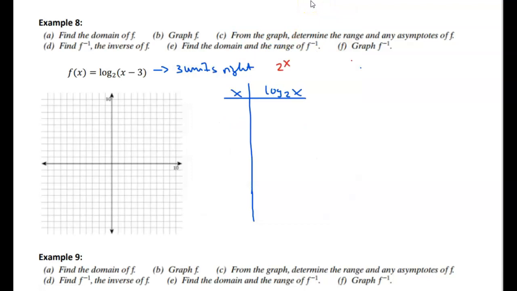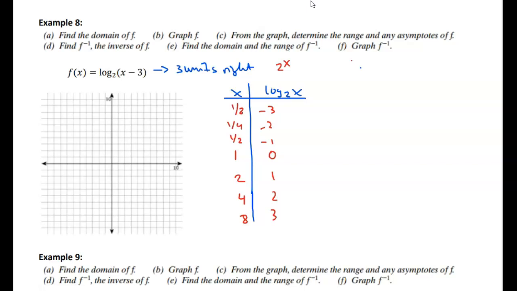So imagine picking x values here: 0, 1, 2, 3, negative 1, negative 2, negative 3. And doing 2 to the x, but you're putting them in the wrong column, so the x's go in the y's and the y's go into the x's. So 2 to the 0 is 1, 2 to the 1 is 2, then 4 and 8. And here we get 1/2, 1/4, 1/8.